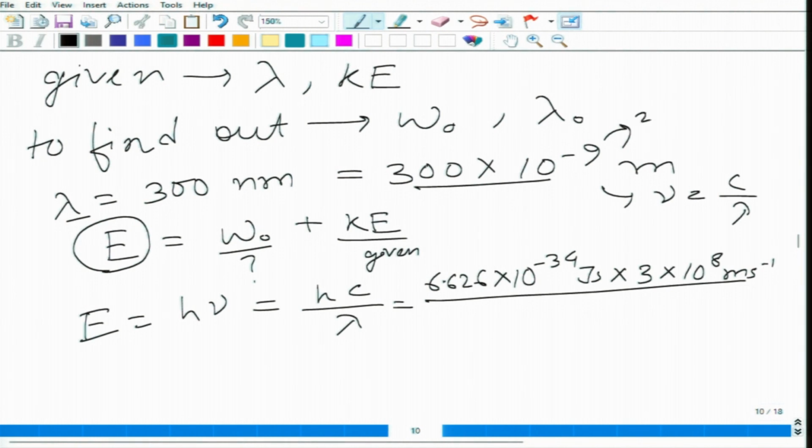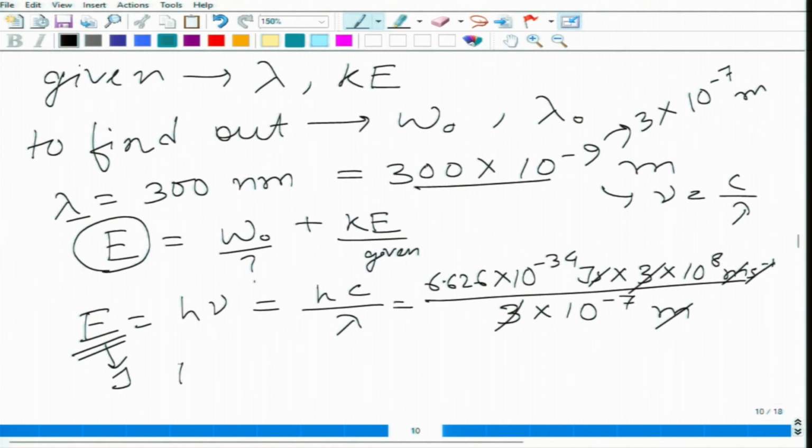We can write 3 into 10 to the power minus 7 meters. So second and second inverse is cancelled. Meter and meter is cancelled. We know the unit of energy is joule. So we are getting joule. Now the calculation. 3 and 3 will also get cancelled.